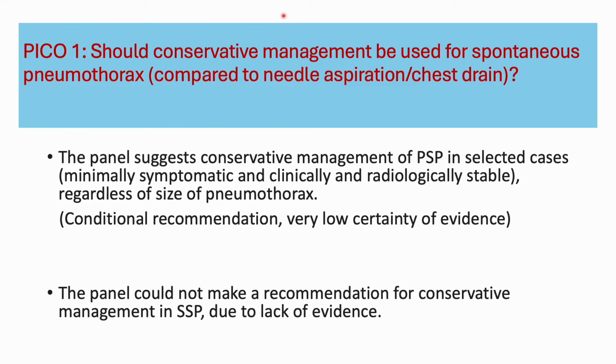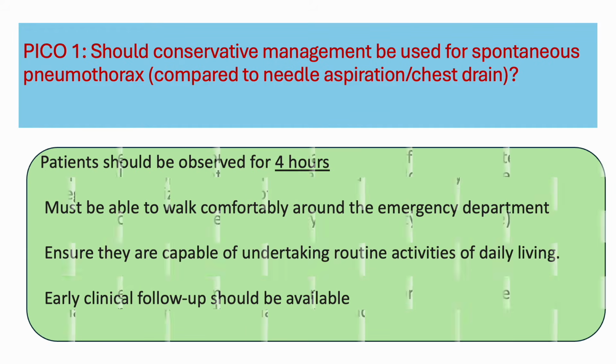So they say it's not much of a difference. So you could also observe them. However, the length of stay will be shorter if you do conservative management. But more or less, they haven't found much difference between the arms of the study. And so they have recommended this.